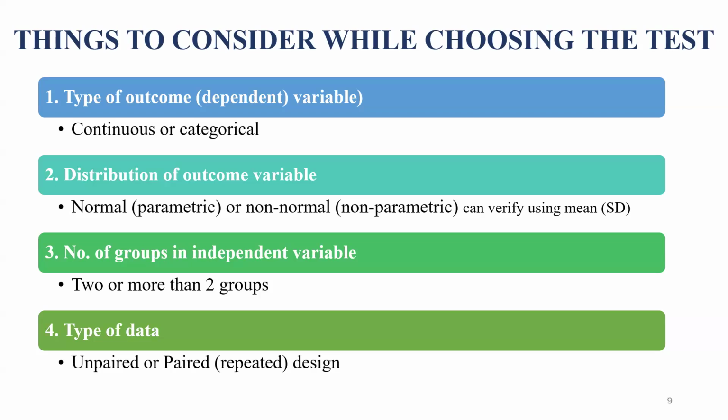In clinical practice, we might have a different kind of thing, but based upon what measures we have made in our sample, we go by that only. So based upon these statistical values only, we give our inferences. That is the ultimate purpose of statistics. We are not going to see the clinical significance. We are going to see only the statistical significance, and our inference will be based upon the p-value only.